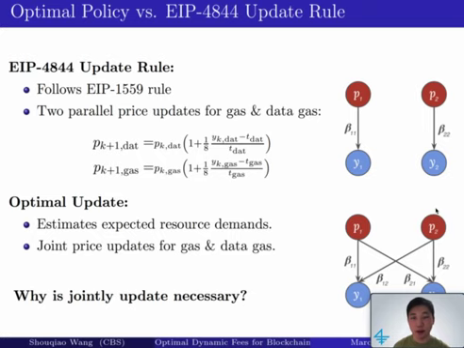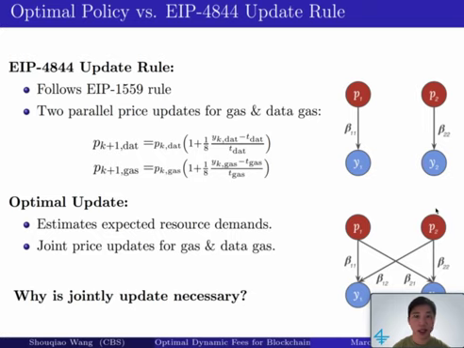And moreover, for EIP 4844, the price of each resource updates only based on the demand of this resource itself, which means P1 only depends on Y1 and P2 only depends on Y2. But there may exist some cross-sensitivity between these two resources. For our policy, we can jointly update our prices based on the expected demands.